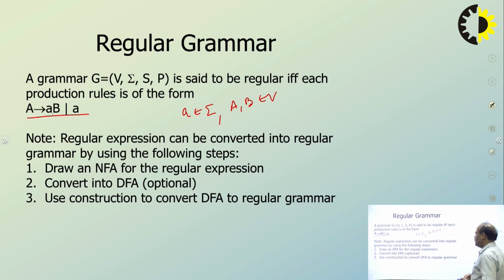Now a regular expression can be converted into a regular grammar using the following steps. Draw an NFA for the regular expression. Convert it into a DFA, which is easy. After that, use the following construction to convert the DFA to a regular grammar.